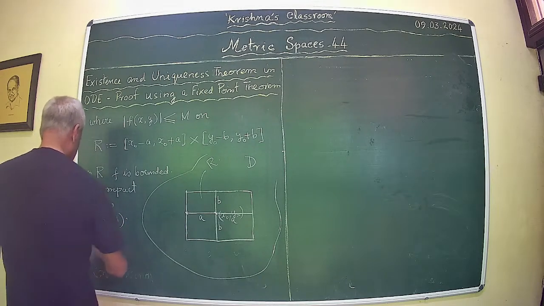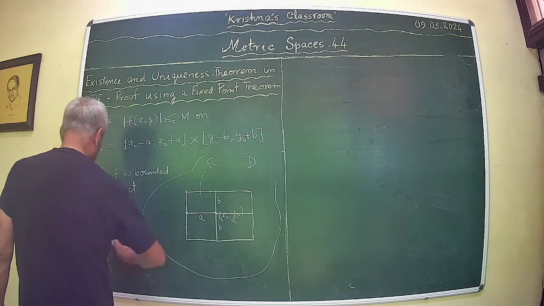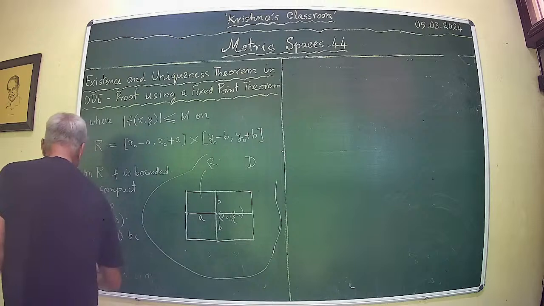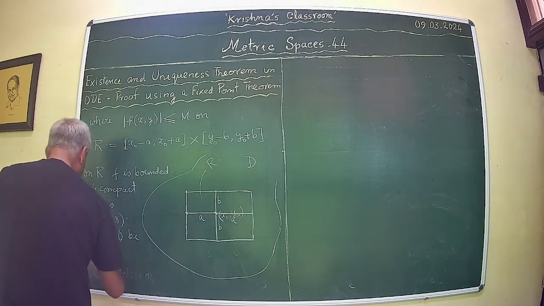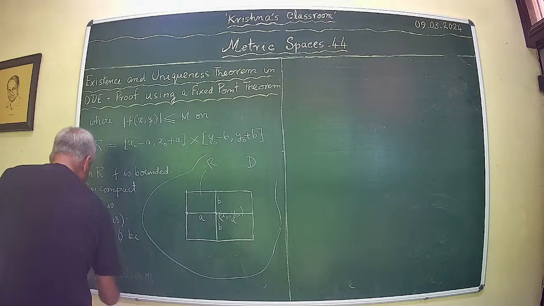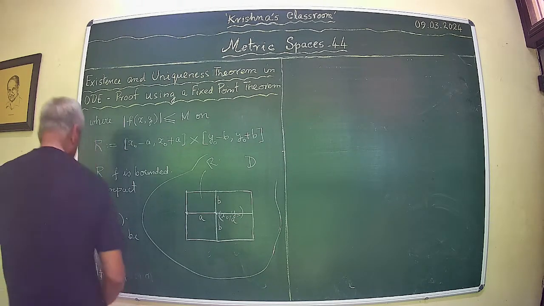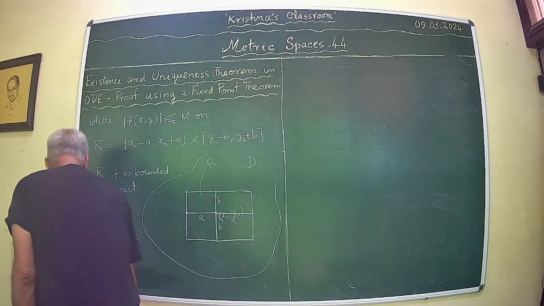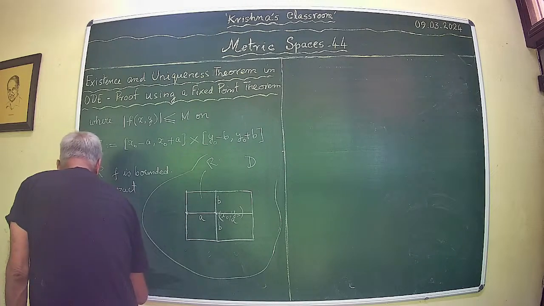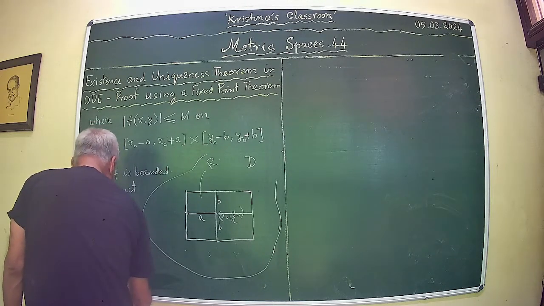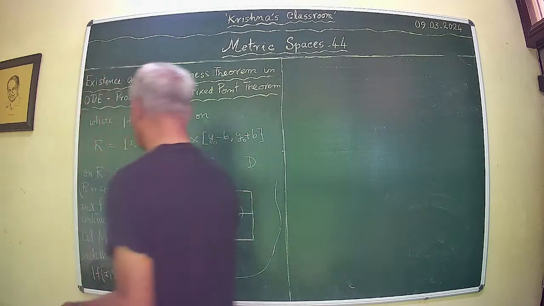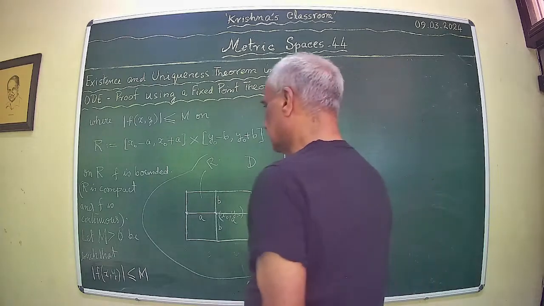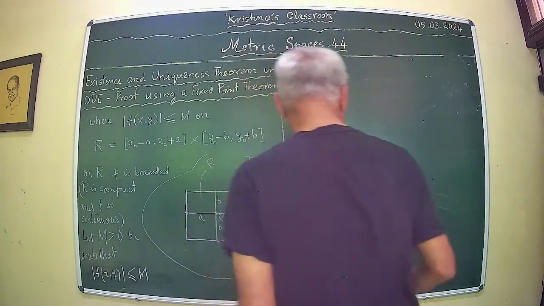Let M be such that mod F is less than or equal to M. Such an M exists. There is no problem. So that's about M.